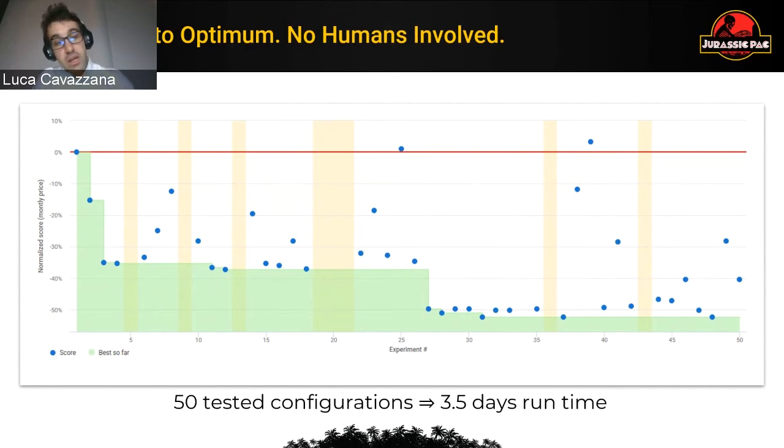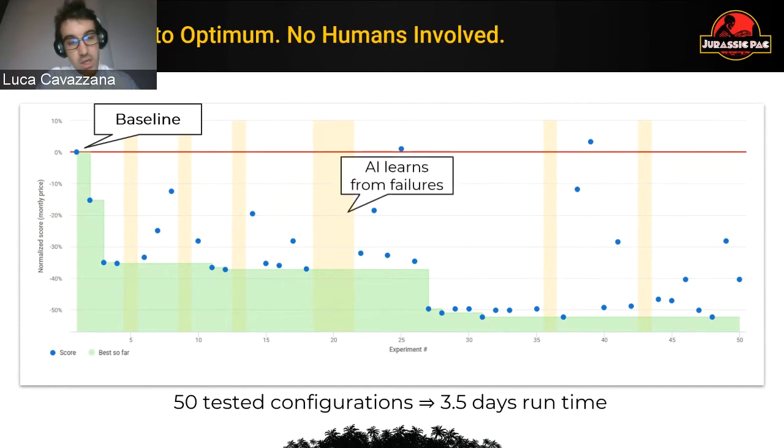And in green, the green area is, as a reference, the value of the best configuration found so far. And you can also see in yellow a placeholder for the failed executions, for those configurations that were not able to complete successfully or even start in the first place.